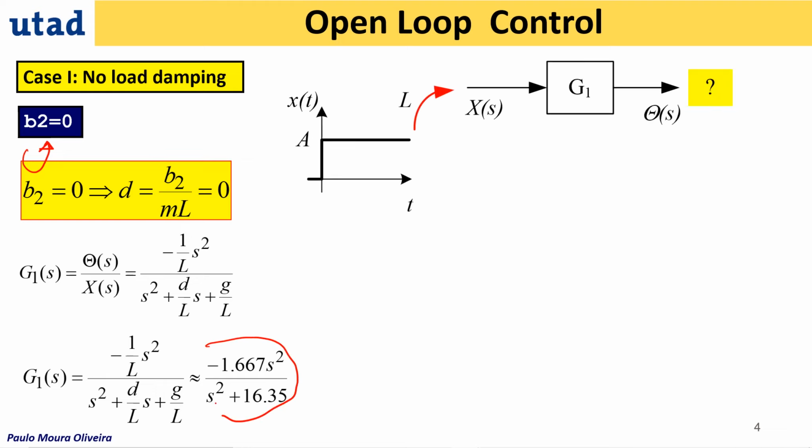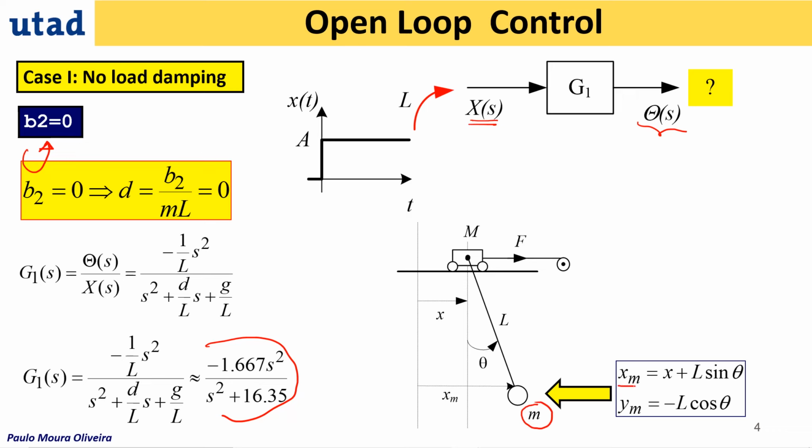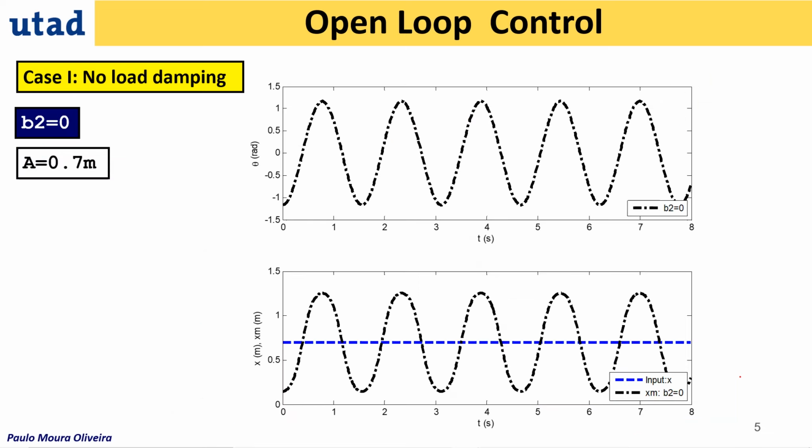We are going to assume that we apply a step in the position x, and you are going to see what happens to the deflection angle of the cable. Ideally, the car can move with a step. We can evaluate the position of the suspended mass with these two equations for x and y, depending on the angle theta.